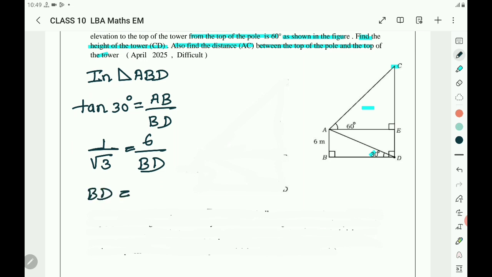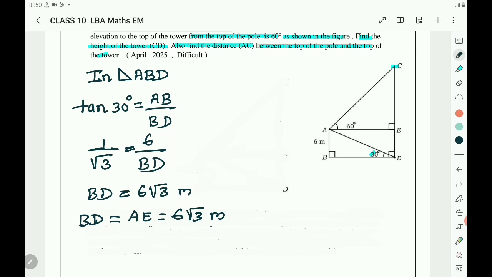BD is equals to 6 root 3 meter. Then AE is also 6 root 3. Then you write BD is equals to AE, which is also equals to 6 root 3 meter.